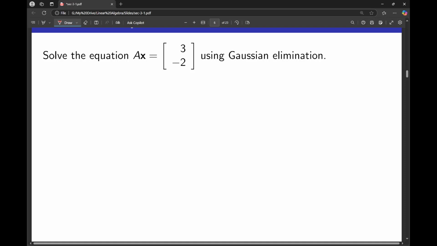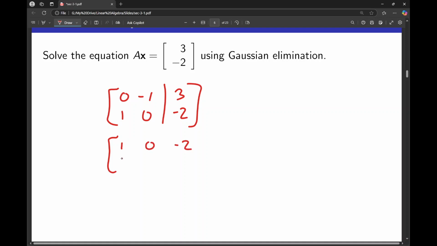Solve the equation AX equals 3, -2 using Gaussian elimination. So remember, A is our matrix with 0, -1, 1, 0. But then we're going to solve this equation, so we might as well augment it with 3, -2. And then this is a very simple Gaussian elimination: you just swap the rows and you get 1, 0, -2, 0, -1, 3.